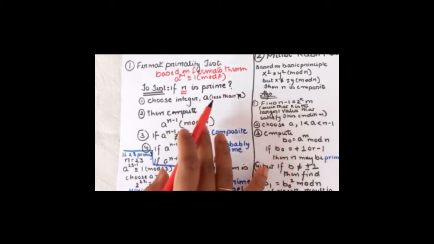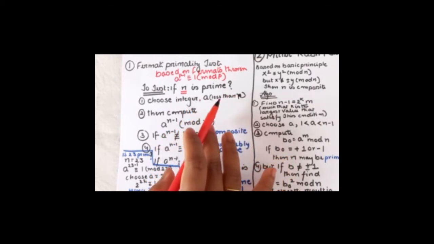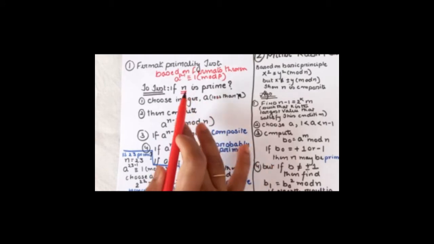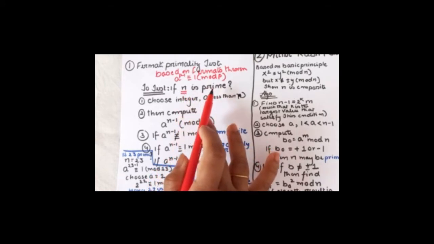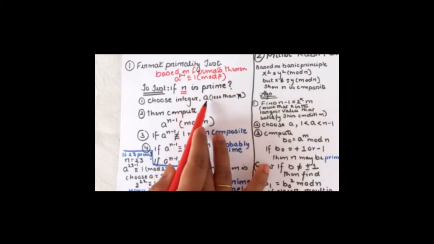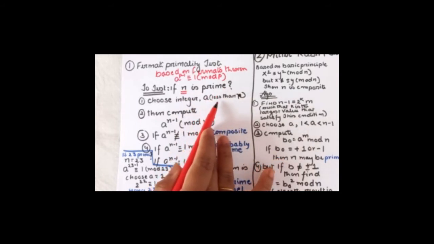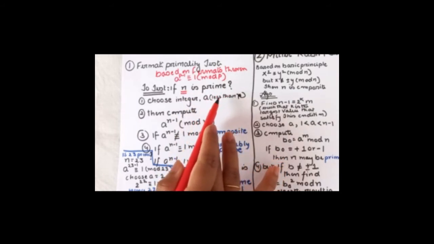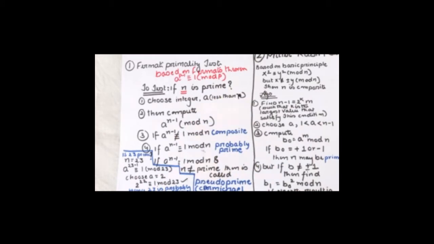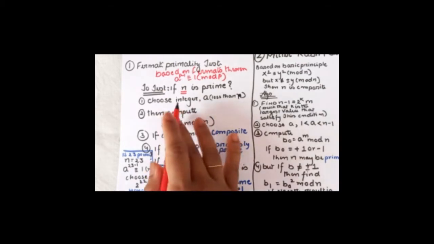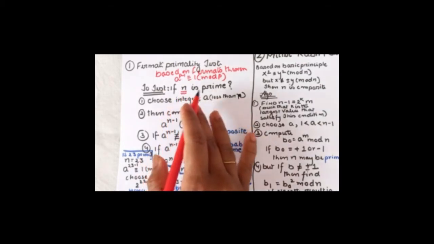Remember, it should be less than n. For example, if the number that you have to decide whether it is prime or not is 56, then you have to choose a such that it is lesser than n and greater than 1. So the minimum value that you can choose is 2, and the maximum is just lesser than the number that you have to decide whether it is a prime number or not.